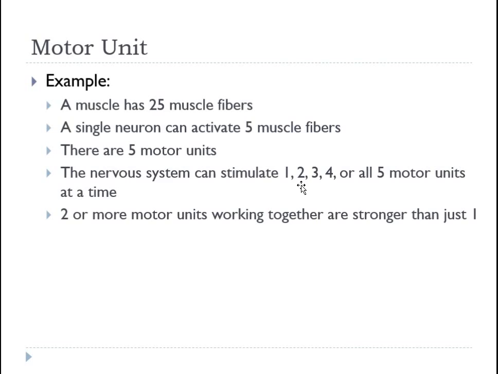An example would be you have a muscle that has 25 fibers. A single neuron can activate 5 muscle fibers at a time, so that means there are 5 motor units there. And it could stimulate one of them, or it could stimulate all 5 of them. It really depends on the strength of what it's picking up. Please don't get from this little slide that we're going to have some math on the next test. There totally won't be.